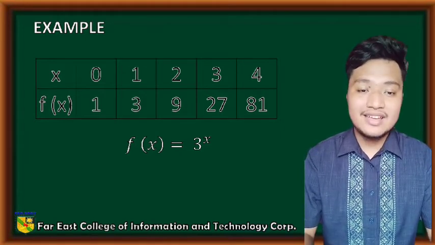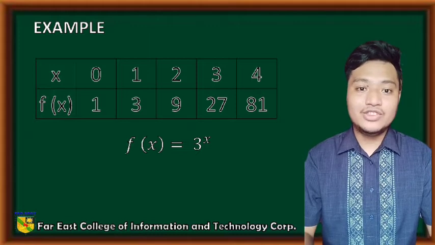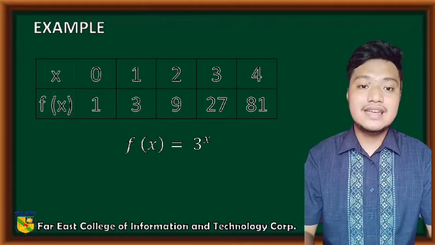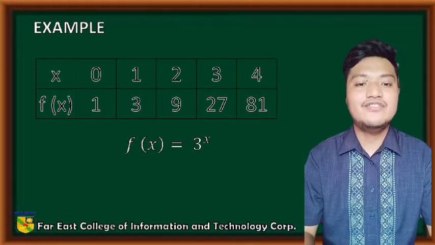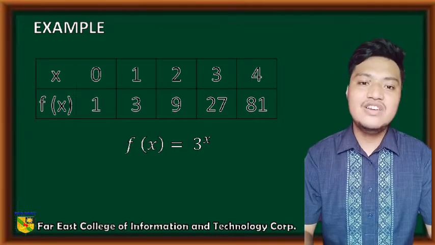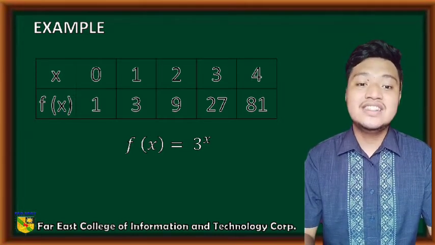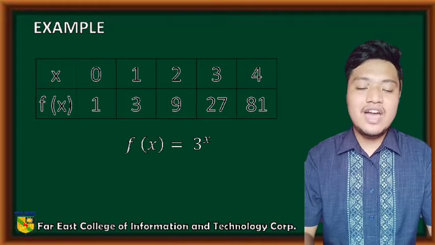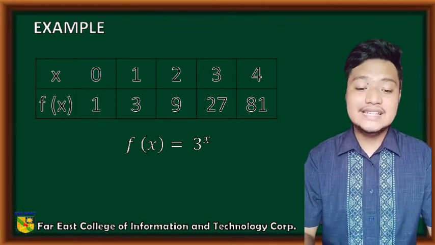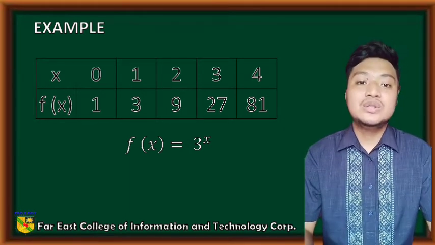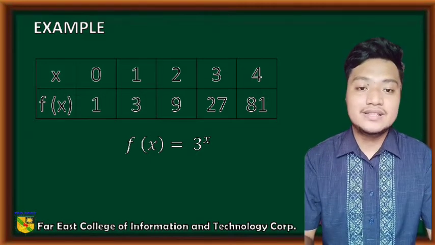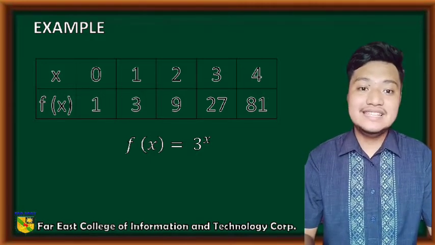So, correct. Tama po. Try to get the second line, where the value of x is 1 and the value of f of x is 3. So, f of x or 3 is equal to 3 to the 1. 3 to the 1 is 3.